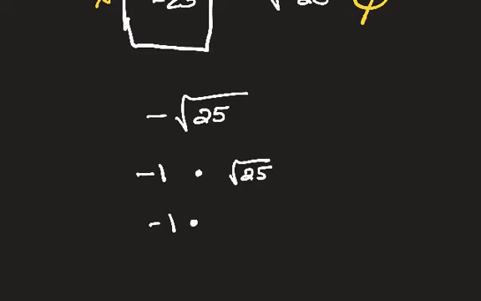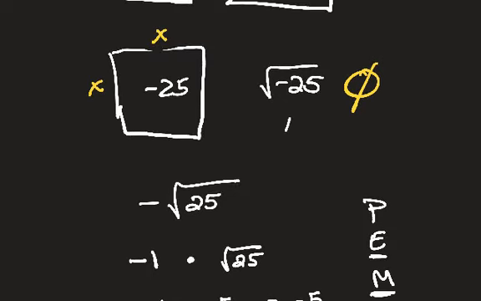So what you're really saying is -1 times 5, which is, right, -5. Okay? So as long as the negative sign is outside of the radical, remember PEMDAS says, do exponents first, then multiply. And so this works fine. What cannot happen is this. You cannot take the square root of a negative number. It just cannot be done.